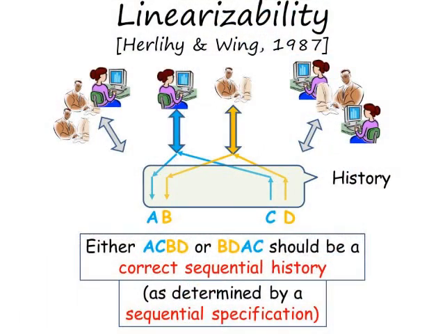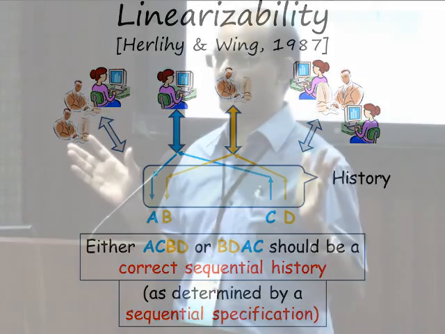Now, if you go back to the definition of serializability we looked at just now, it's stated in terms of the execution of the transactions which is inside the system. So one of the key ideas, critical points in this notion of linearizability is, first, to forget what happens inside the system, which is an implementation detail, and just look at how the rest of the world interacts with the system.